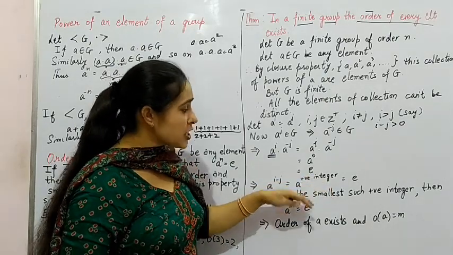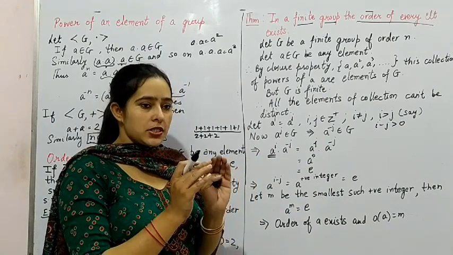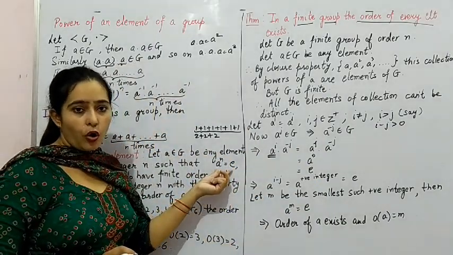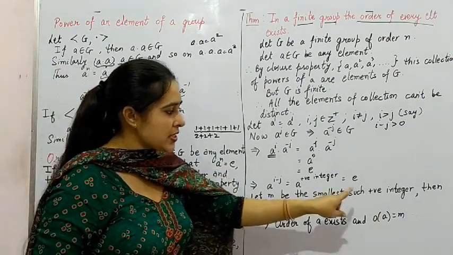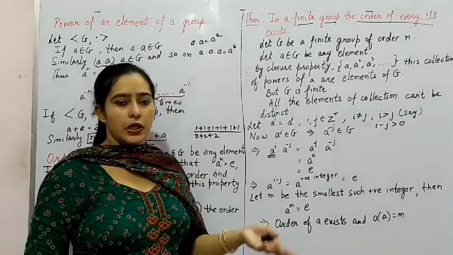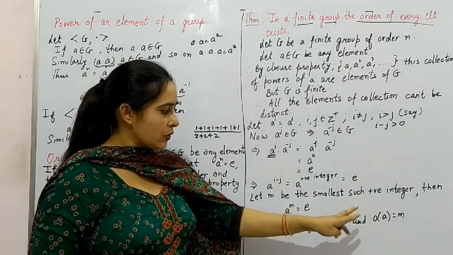So let m be the smallest such positive integer, and we know that the smallest such positive integer which satisfies this property becomes the order of the element. So if we have taken m to be the smallest such positive integer such that a to the m is equal to e, then the order of a will be equal to that smallest number, that is m. So the order of a is equal to m.